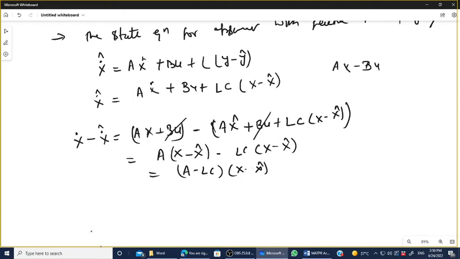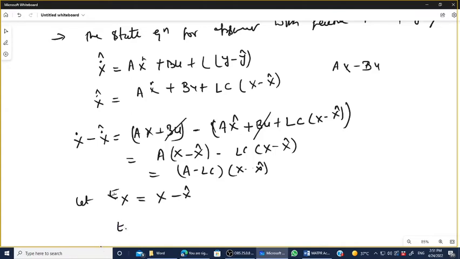Now I am defining a new term, let e x be the estimated state error, which means x minus x cap, the error between them.